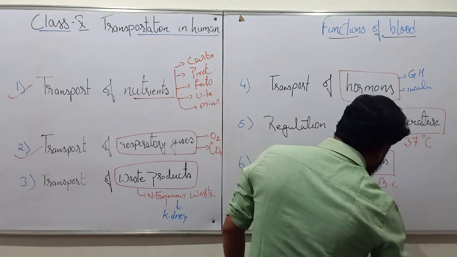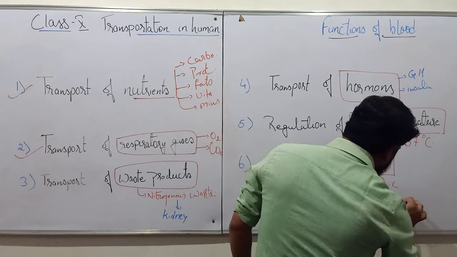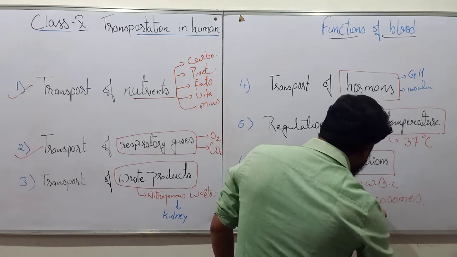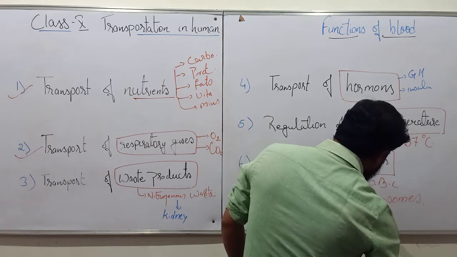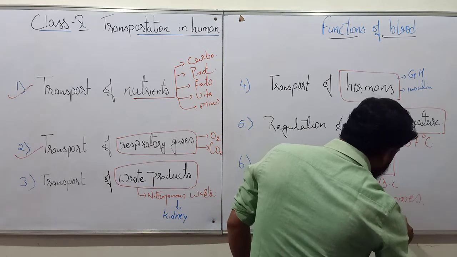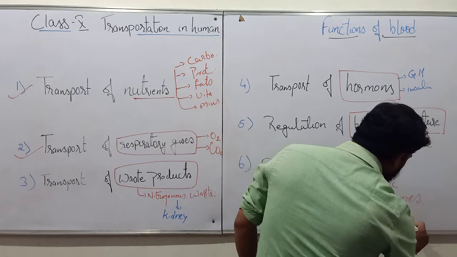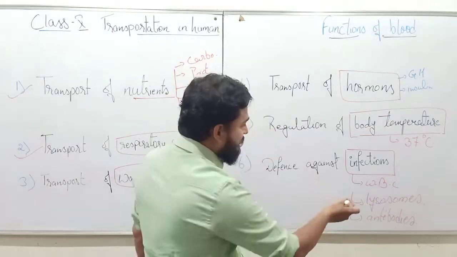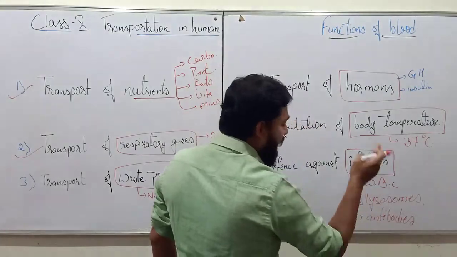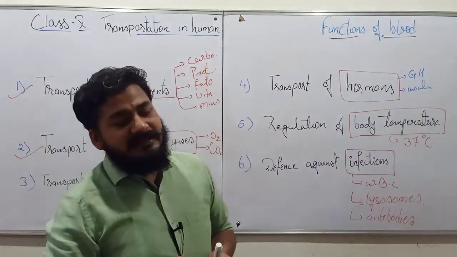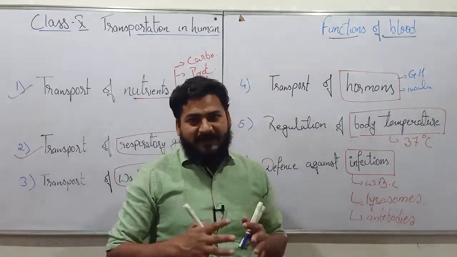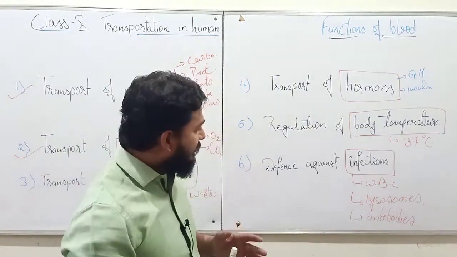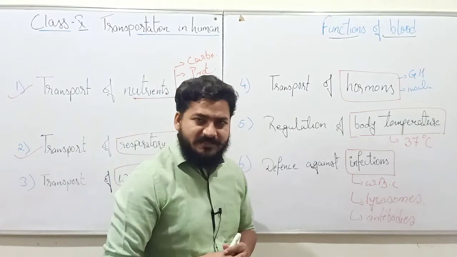You must have talked about lysosomes, and maybe you are aware of antibodies. So these are white blood cells, lysosomes and antibodies. These are three important factors which help the body to fight against infections.